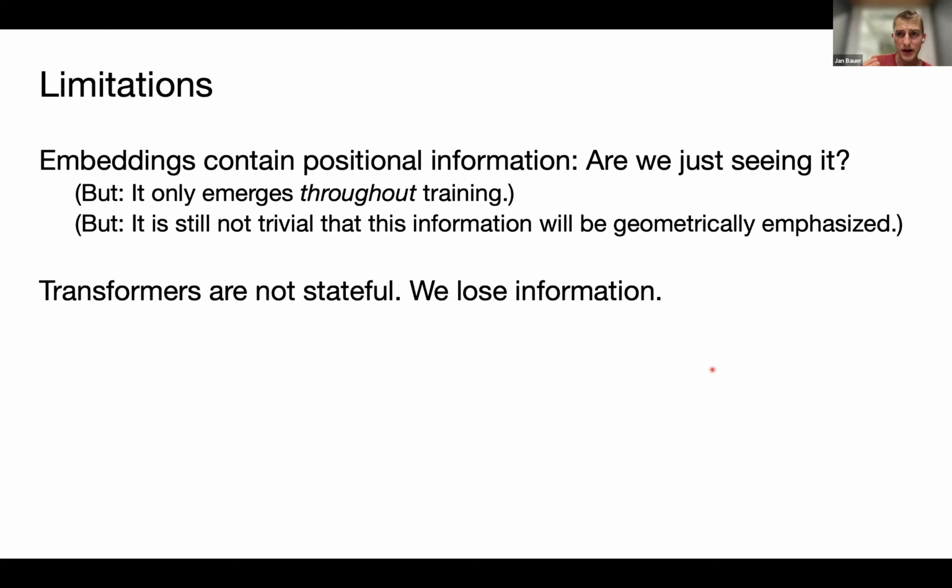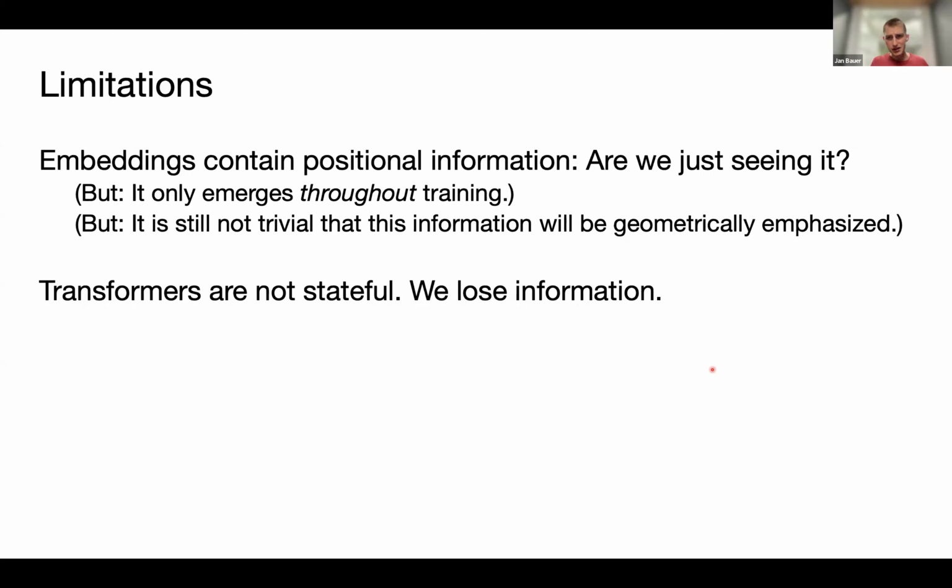And now you might ask, well, then obviously we are just seeing the positional encoding when we see these latent changes. I think there are 2 counter arguments to that, which at least make this somewhat sensible. One is that we only see this through our training, for example, in this graph prediction task. So it hasn't been there at initialization. That's part of the reason why we looked at this training to begin with.